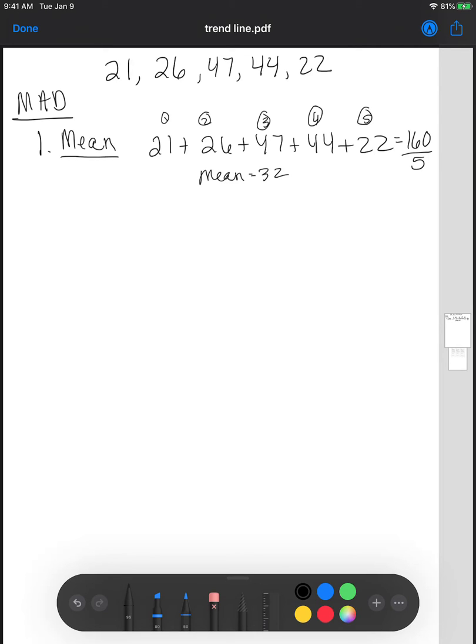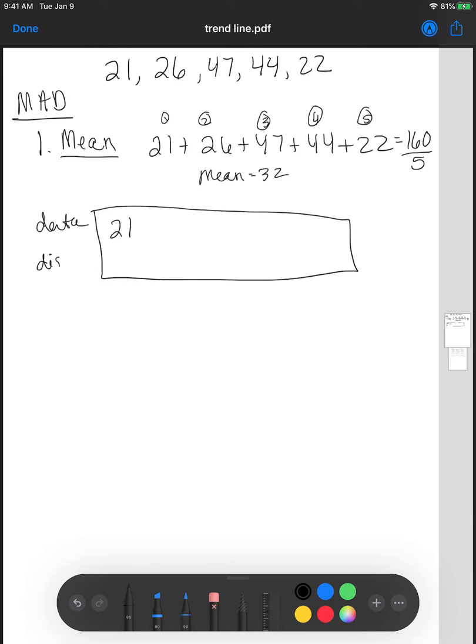Now I'm going to find the distance. How far apart are they? How far is 32 from 21? So I'm going to make a table. This is data, and this is distance. I'm just going to subtract. So I have 26, 47, 44, and 22. 32 is 11 away from 21.